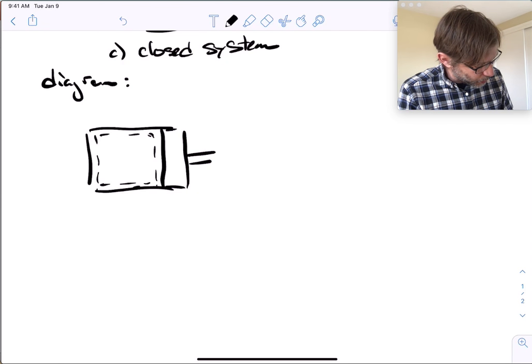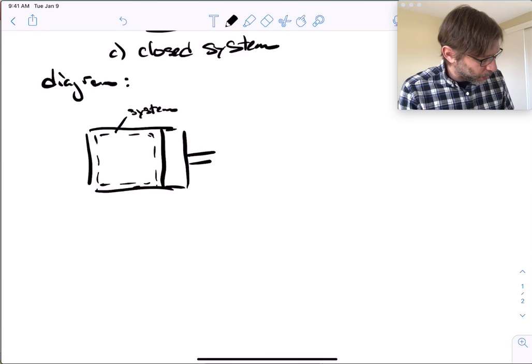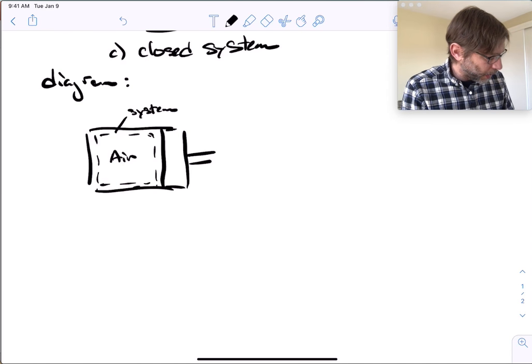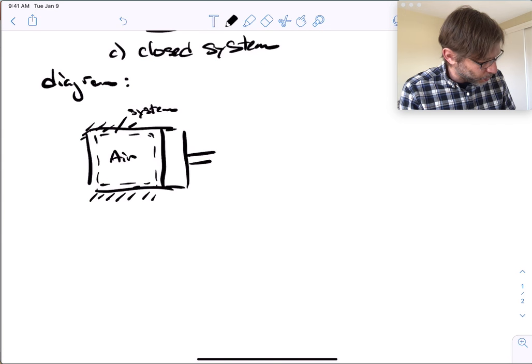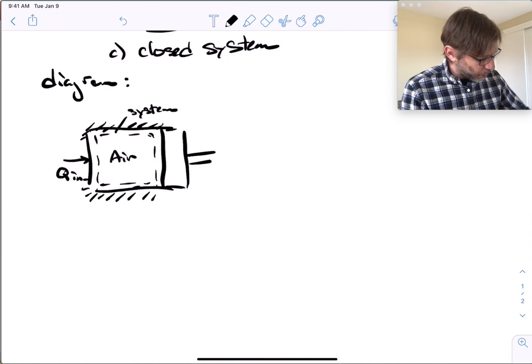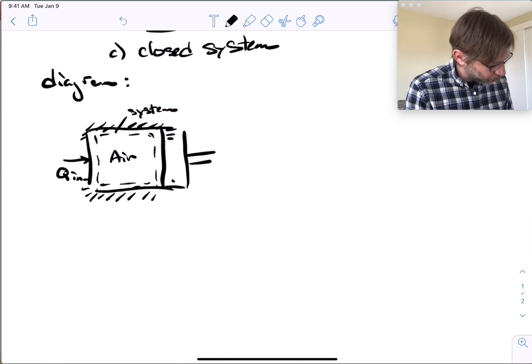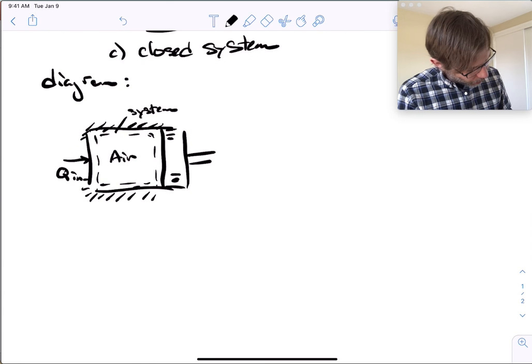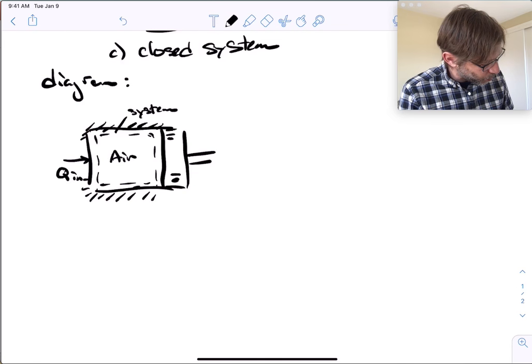Label your system, and you have air in here, and it's totally insulated except for the port where you put heat in. So Q in and Q out comes in through a certain surface, and then you have a piston. Okay, looks like that. Good. And then you also have some net work of the cycle coming out.